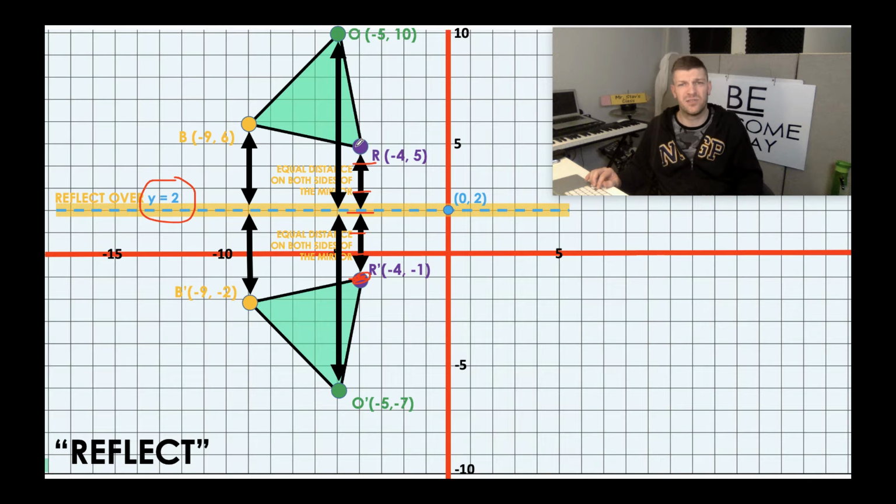A lot of times I have students forget to connect the dots when they're doing figures, and don't forget to connect the dots. Make your shape. Okay. Use a ruler. Cole, Dylan, Anish. Use a ruler.